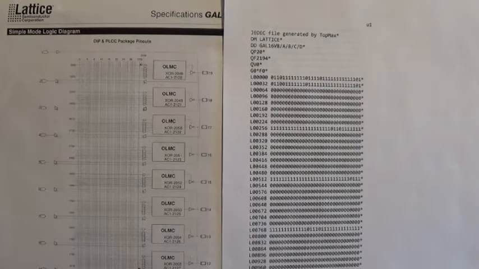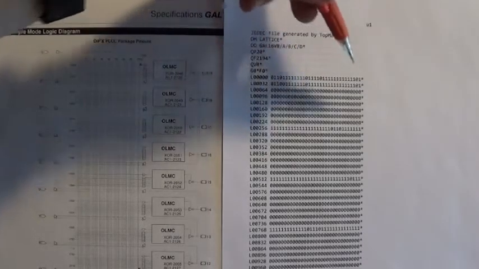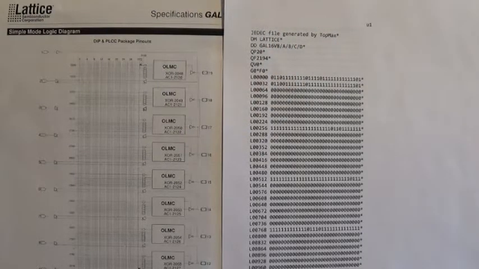Now, when we're hand disassembling the ones and zeros into a logic equation, we need this matrix right here, this array, and you can get this array from the data sheet. The data sheets for these GALs and PALs are all over the internet.